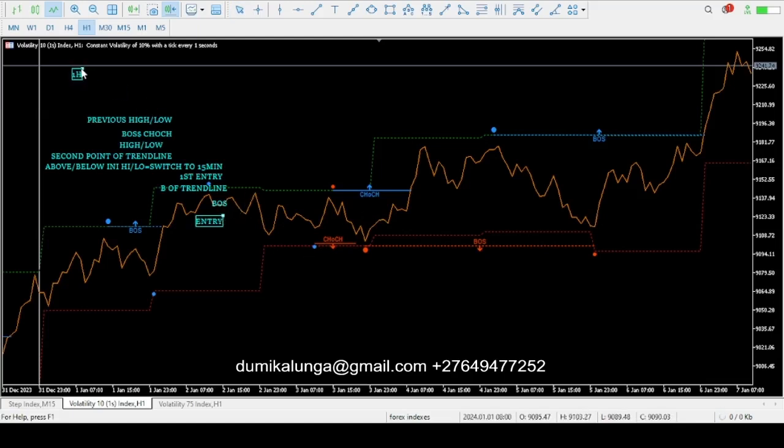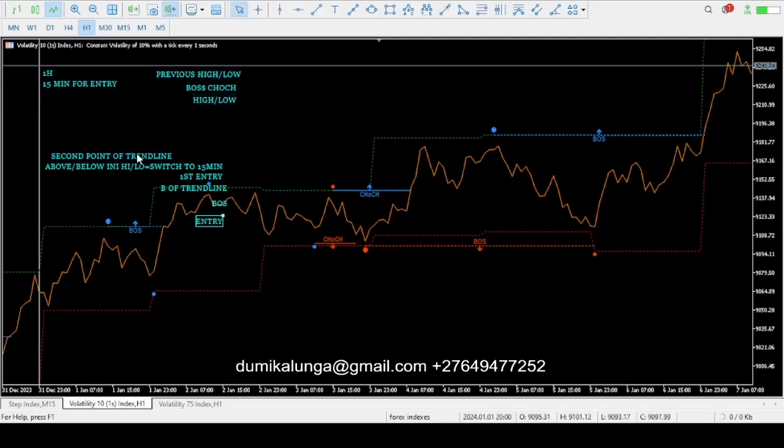Okay, so the time frame is 1 hour. We switch down to 15 minutes for entry. Then we need the previous low or the previous high, and we must watch the price as it breaks above it, and then we mark the initial high, or the initial low if it breaks below it.